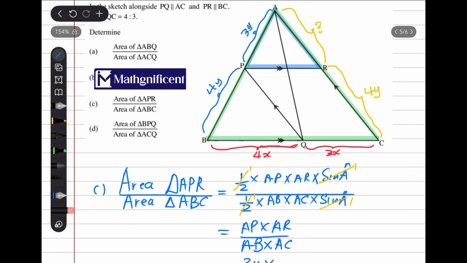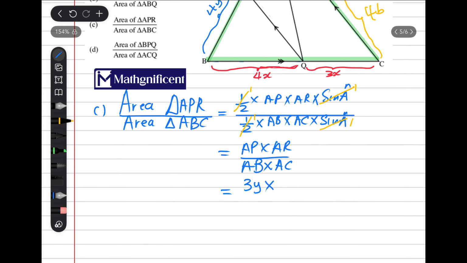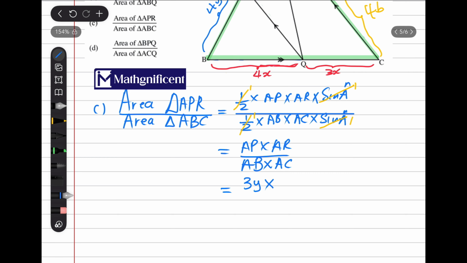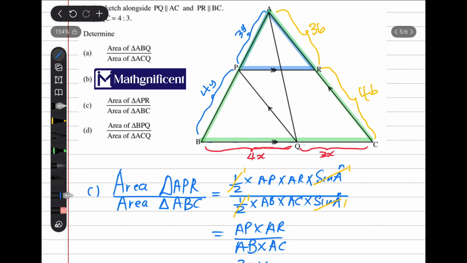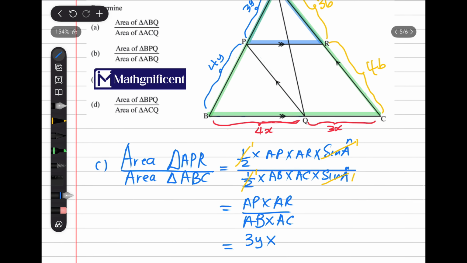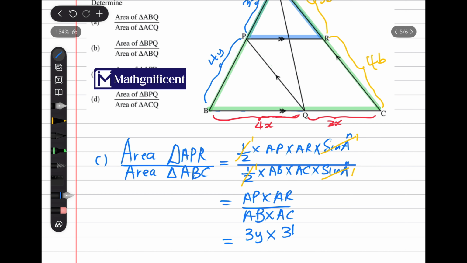Let's use 4b and 3b. So for AR, it's actually 3b.